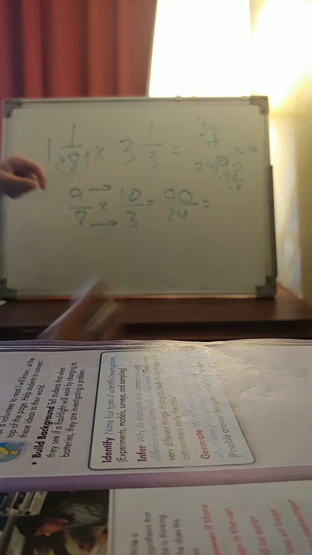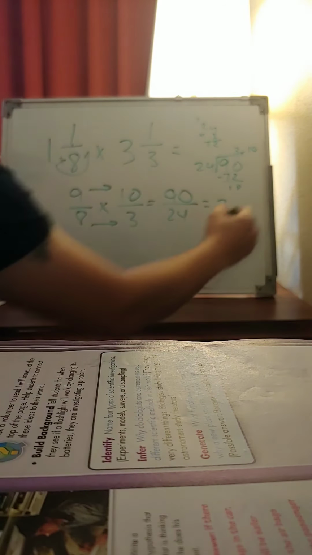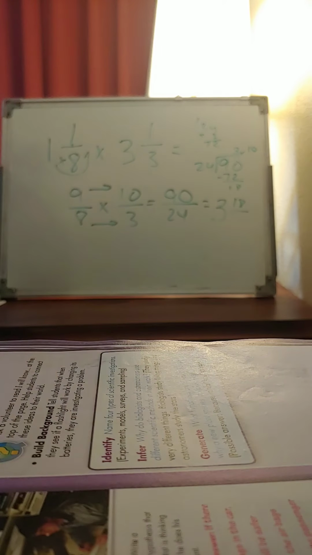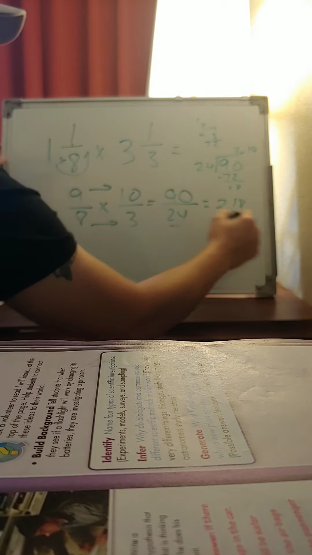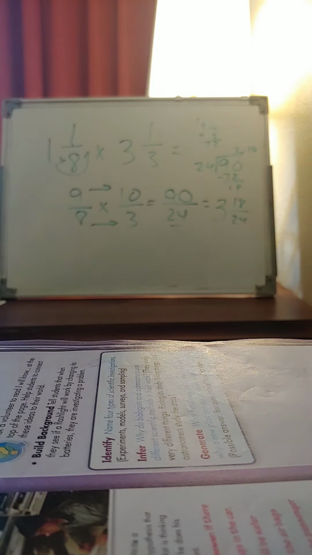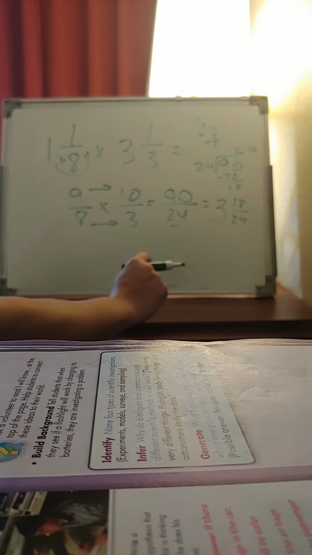All right. So I come back down here. I say a whole number. It goes in 3 whole times. There's 18 left over, and my denominator stays the same. Am I done yet? No, last step would be simplifying.